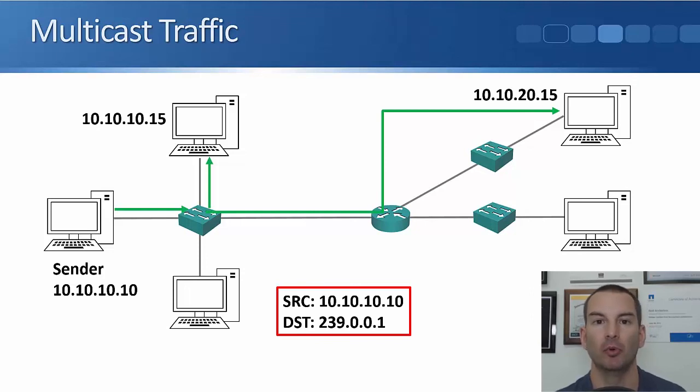So multicast is more targeted, it's more efficient. Another difference is that as long as you've configured your routers to support it, routers will forward multicast traffic. So that's how we were able to get it to the host up in the top right. Broadcast traffic does not go outside its own local subnet. It does not get forwarded by routers by default.